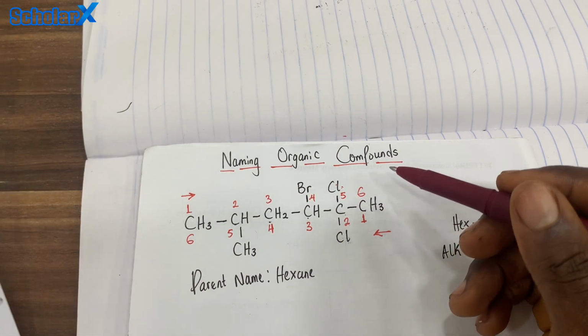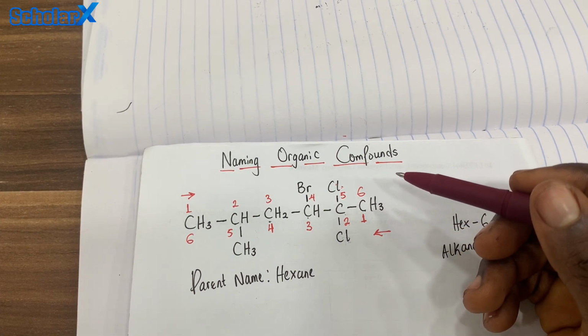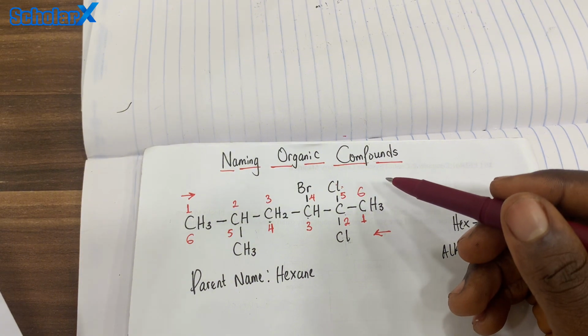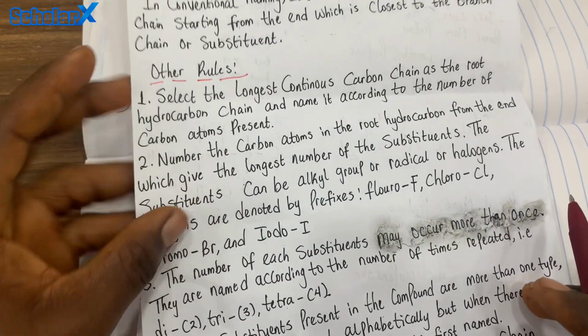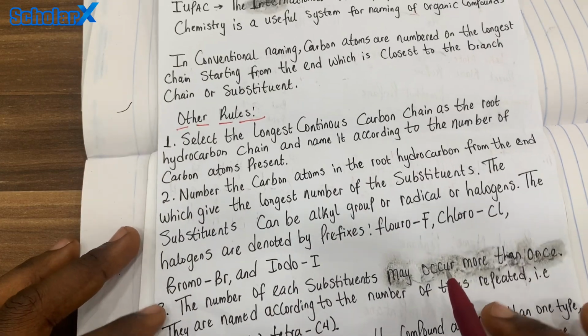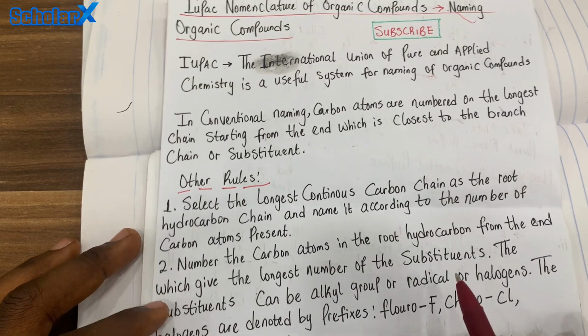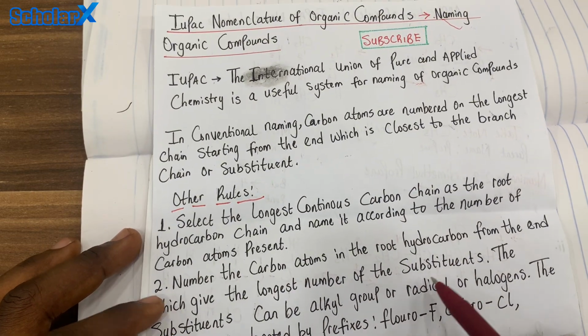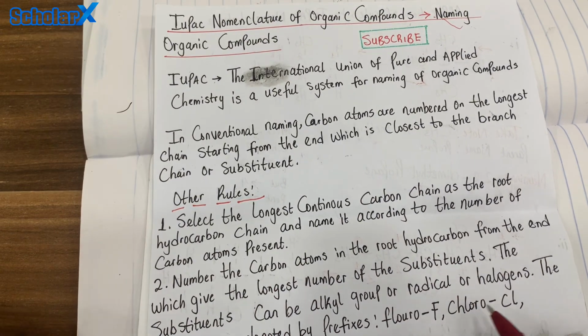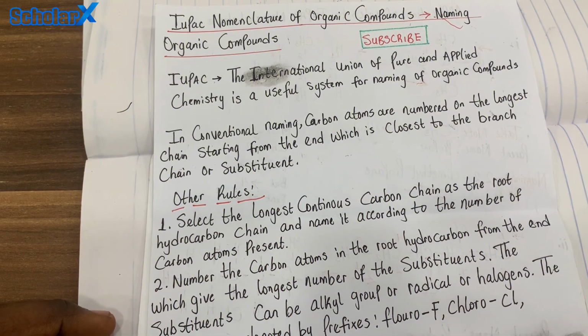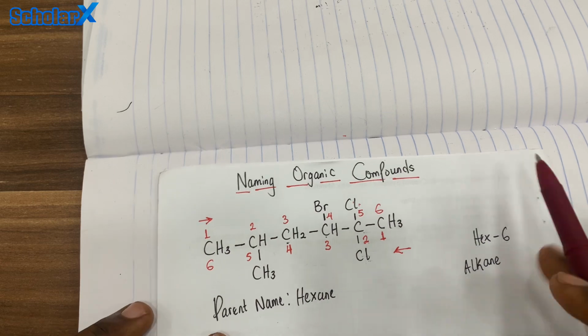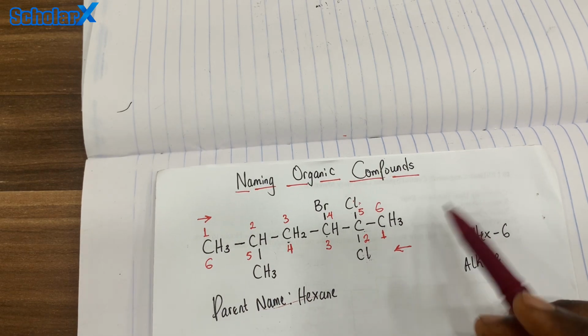According to the rules that we looked at in IUPAC nomenclature, we said we consider the inorganic substituent first. So the parent name is hexane, fine.